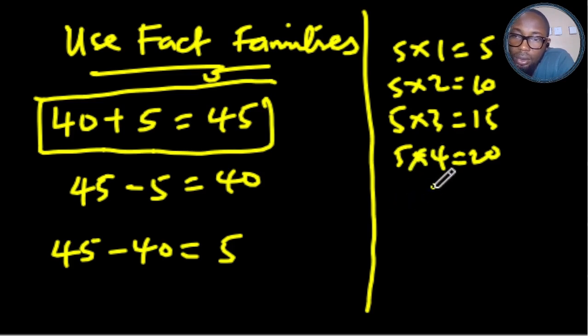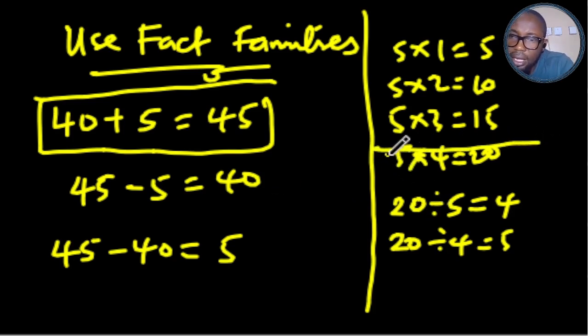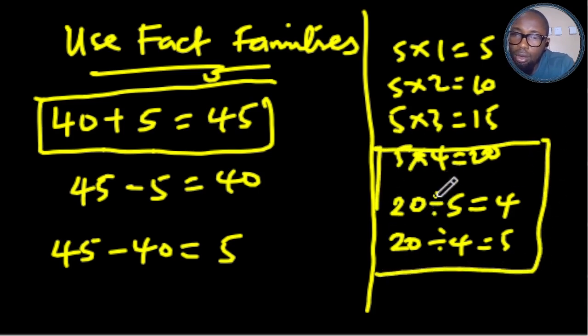Something is going to happen when you rearrange the family members. So you're going to have 20 divided by 5, and it will give you 4. And 20 divided by 4 will give you 5. When learners are aware that this family exists, such that when they swap positions, the operation may change from multiplication to division, we can get the other.